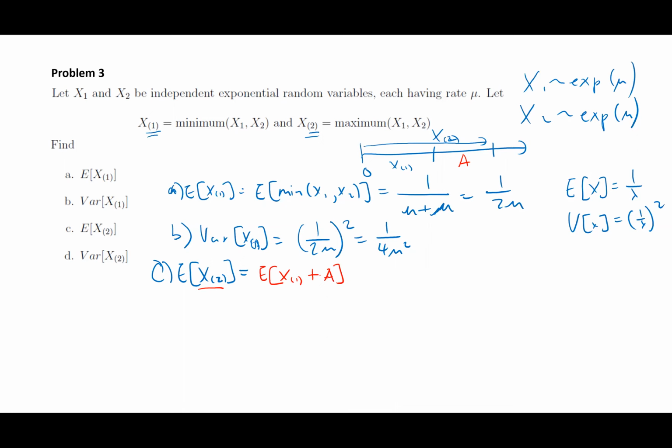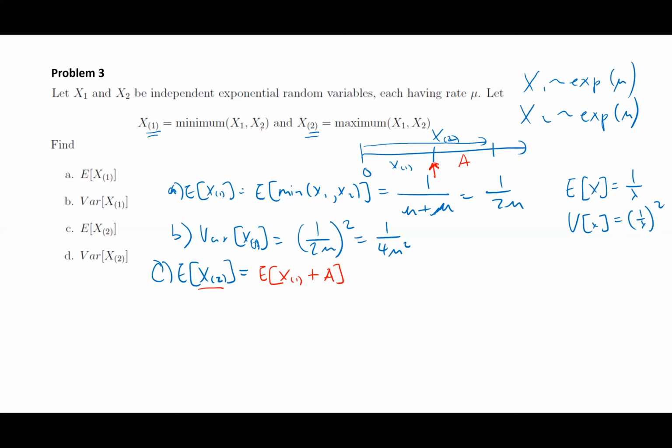As soon as the first event occurs right here, we're memoryless, so the expected time for whatever's remaining is again back to 0, so it's 1 over mu again, because both X1 and X2 have parameter mu, this problem is a lot simpler. As soon as that first event happens, whether it's X1 or X2, right at that moment the expected time for whatever's remaining is again 1 over mu.